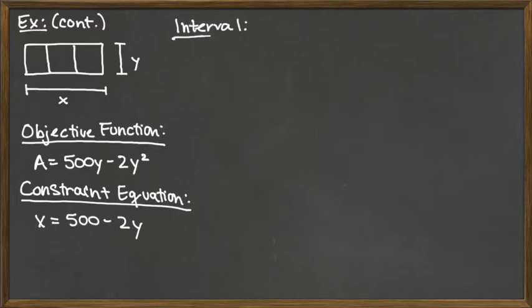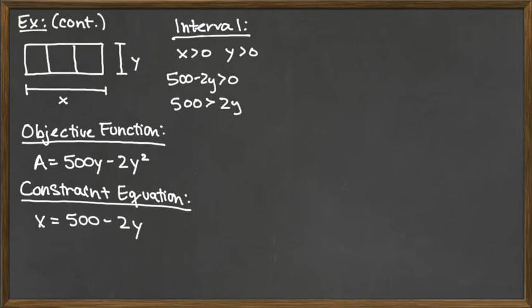So for the interval assessment, remember our picture has a rectangle, and so for us to even have a pen at all, both x has to be greater than 0 and y has to be greater than 0. However, we know that x is this 500 minus 2y, so we know that 500 minus 2y has to be greater than 0, so we could say 500 has to be greater than positive 2y if we add 2y to both sides.